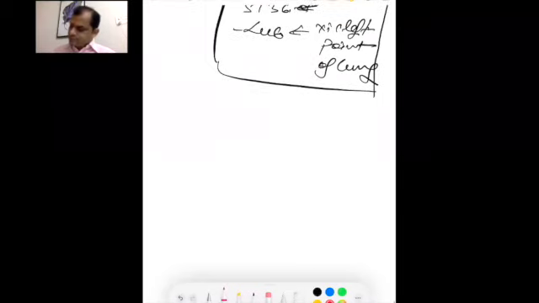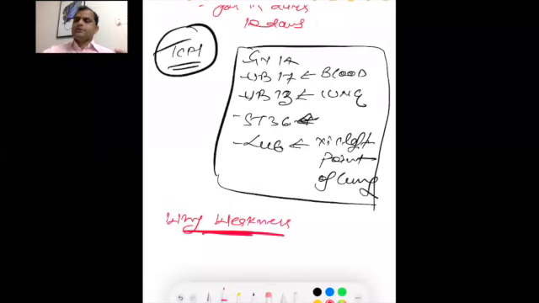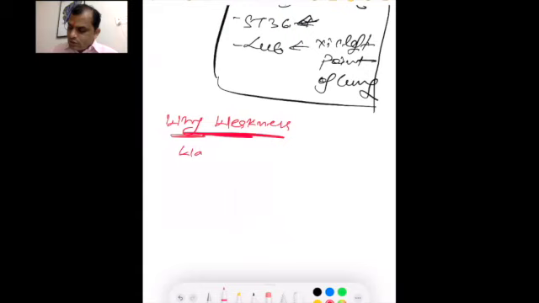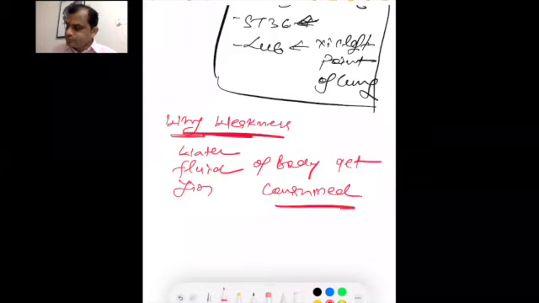Now finally, why does a person feel weakness? Why does a person feel weakness after COVID-19? What is the reason behind the weakness? The reason is this: after the illness, the water or fluid or yin of the body gets consumed.